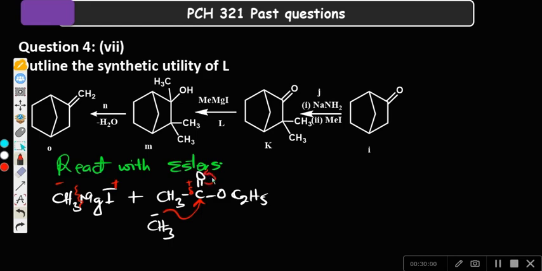So this one here will pick up a negative charge, and then what you are going to have is something like this. You have CH3, C, double bond O, negative. Then you have CH3, and O, C2H5. And then this bond here will definitely come back.